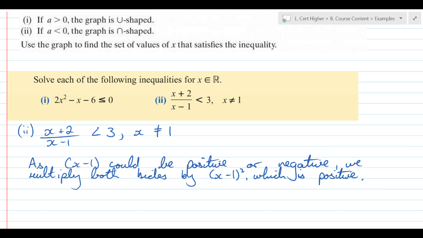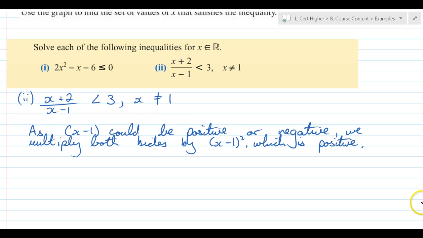That gets us out of the problem we just encountered.